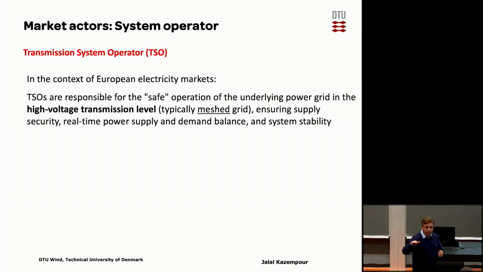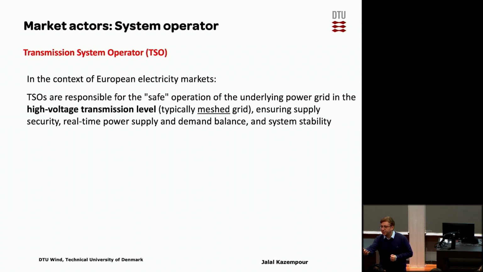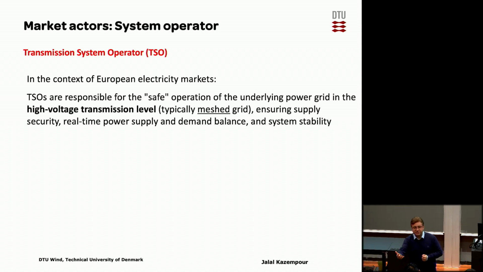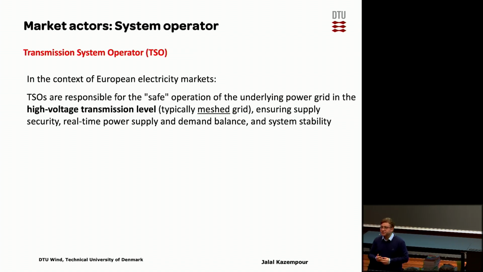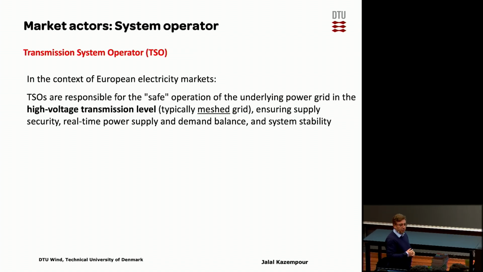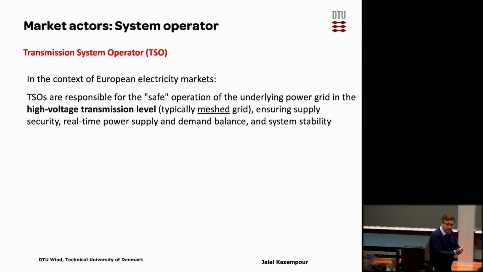If it's not, what will be violated? Frequency. So here we are talking about frequency stability. Frequency stability is one of the things that the TSO should take care of. Any other types of stability concerns or considerations? Thermal limits in the lines. Thermal limits, yes, of course. But those are constraints.